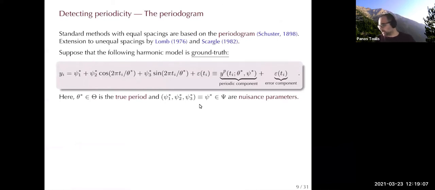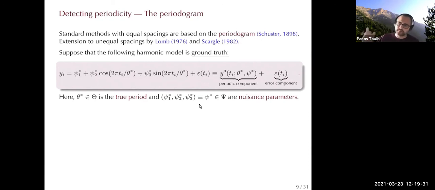Okay. The fundamental object here is the so-called periodogram. It was invented over a century ago by Schuster, and essentially you take the Fourier analysis of your data and you look at the Fourier coefficients. That's basically it. Then the power at every frequency or every period is your periodogram as a function of the frequency or equivalently of the period.